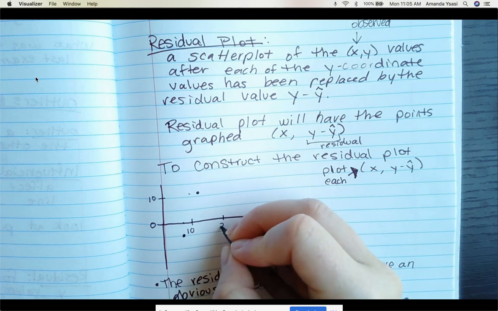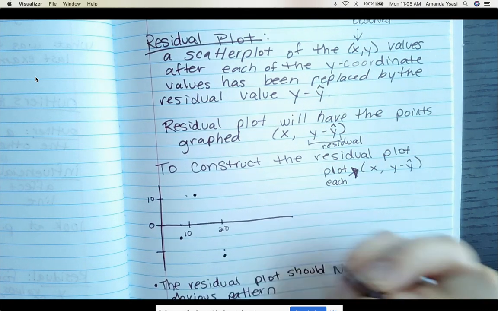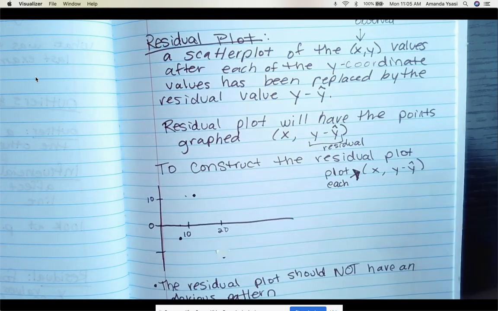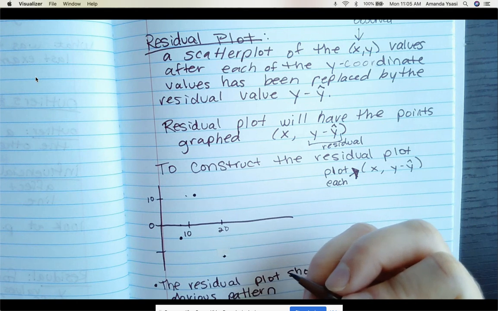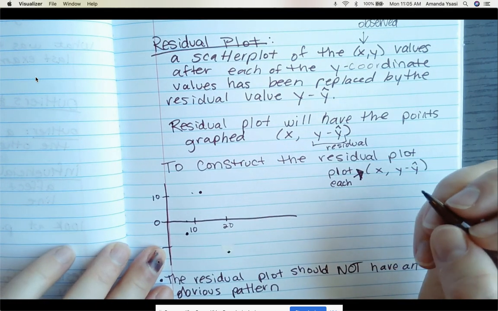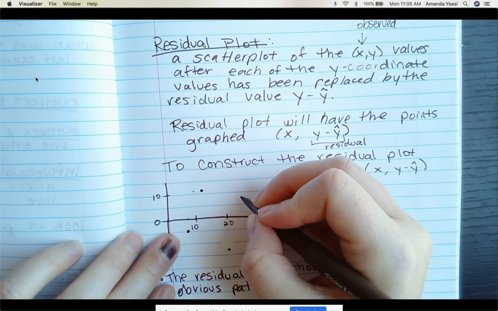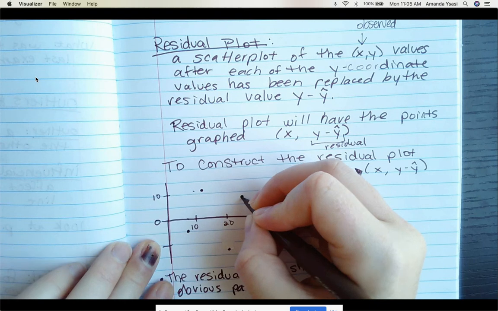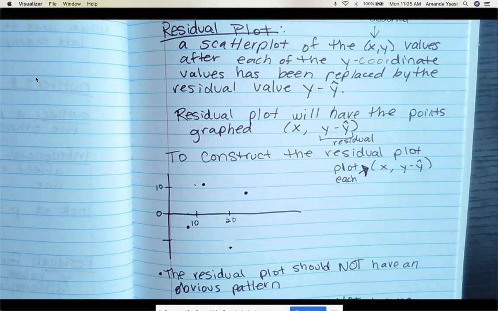So let's say this is 20. -13 would go right around here. And then the last one that's on our plot is about 25 and positive 7. So this is a residual plot from that data that we got from page 496.